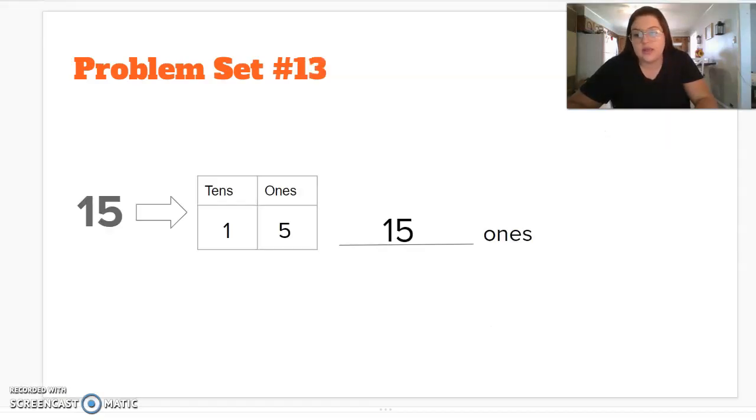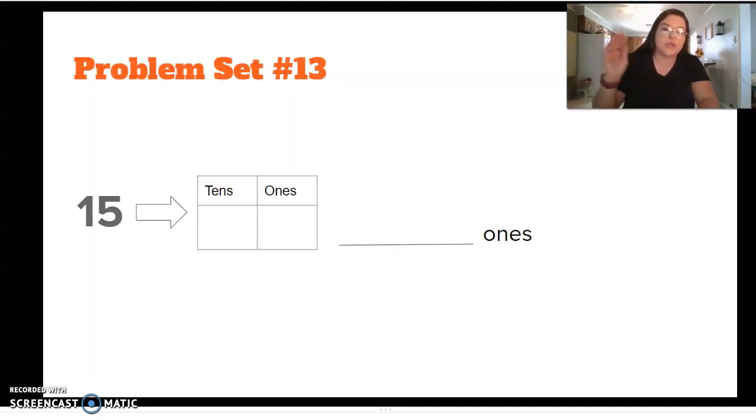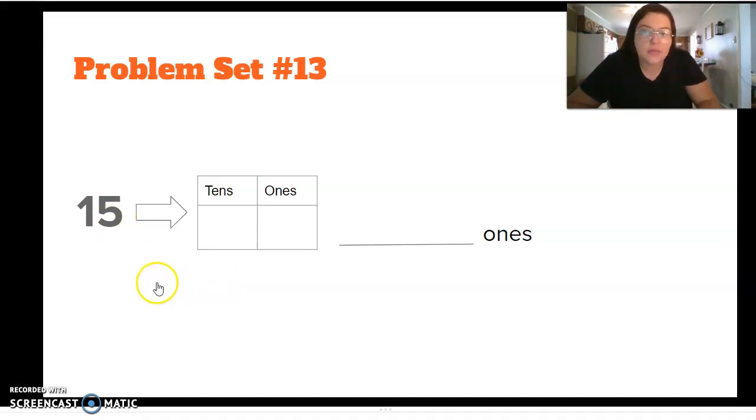Okay? Now let's move on to our last problem. This one, they're just asking you to complete this float. So it gives you the number 15. How many ones in 15? Well, not ones, sorry. How many tens? How many tens in 15? Well, let's look at the tens place. The 1 is sitting in the tens place.